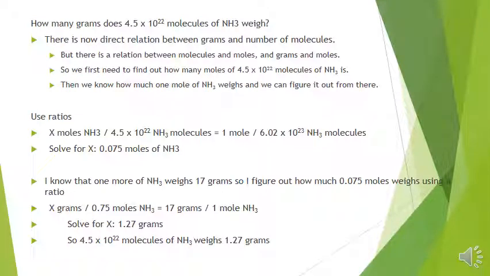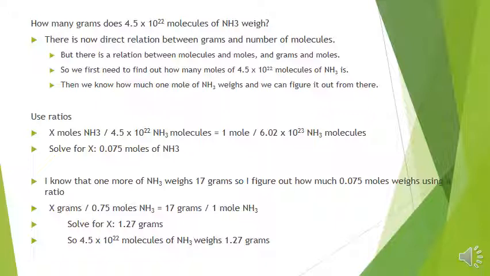Now let's go the other way. If I give a certain amount of molecules, how much does it weigh? The last one went from grams to molecules. If I have 4.5 times 10 to the 22nd molecules of NH3, how much does it weigh? I can't find it directly.